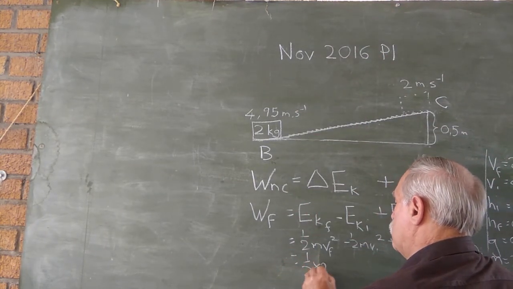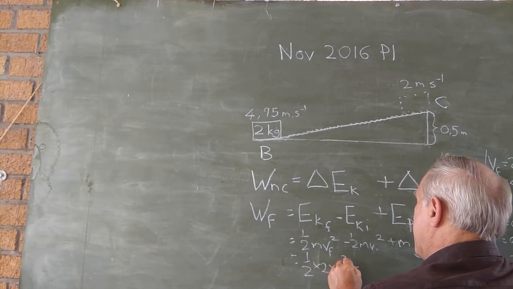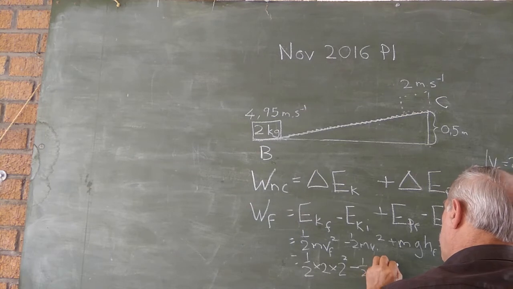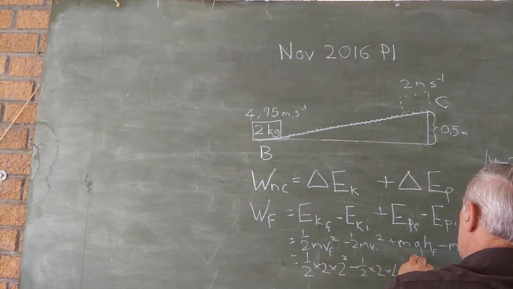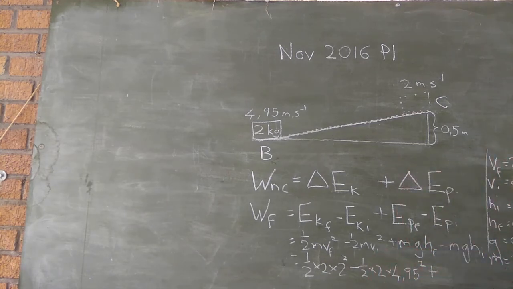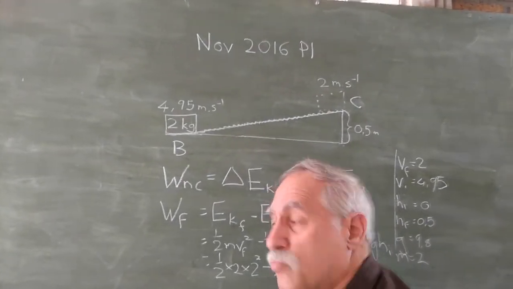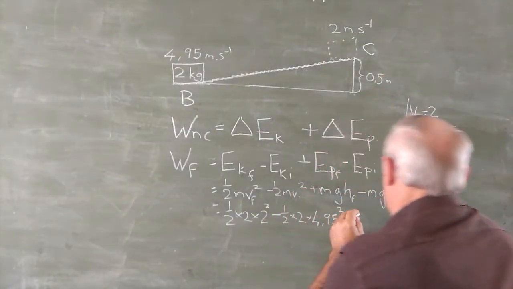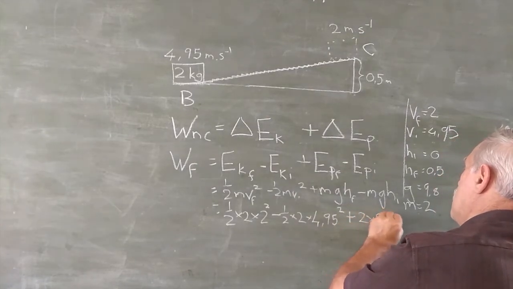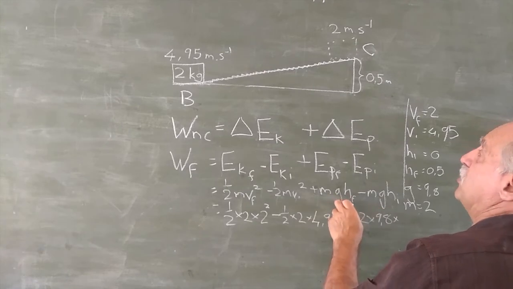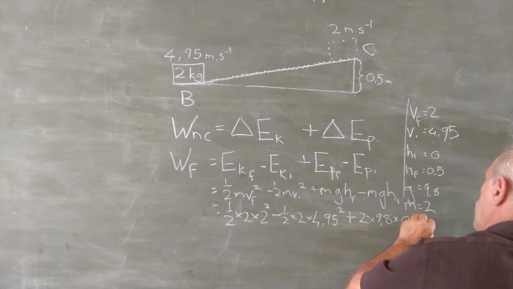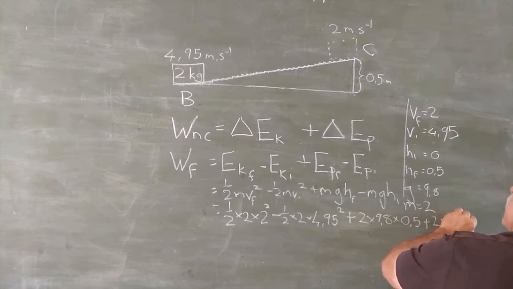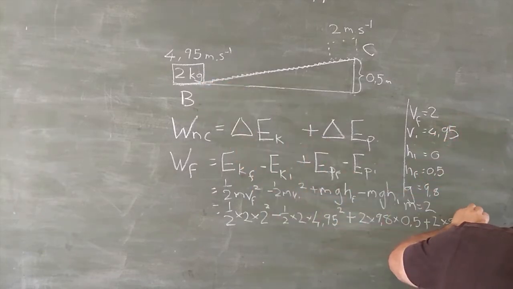A half times 2 times V final 2 squared minus a half times 2 times V initial squared, which was 4,95, 4,95 squared, plus m g h final, which is going to be 2 times 9,8 times h final, 0,5, plus m g h initial, which is going to be 2 times 9,8 times h initial, which was initially no height, 0.